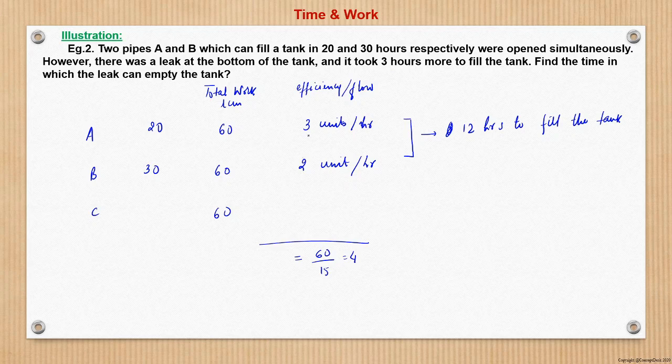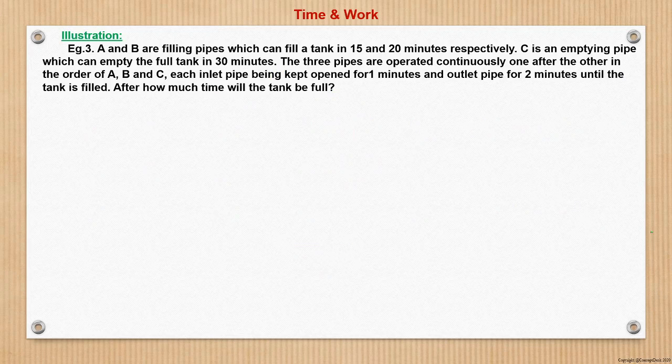So that is 3 plus 2, here it will be minus 1, right? Minus 1. So find the time in which the leak can empty the tank. So the leak can empty the tank at a rate of 1 unit per hour, 60 units of work to be done. So time required is nothing but 60 hours, right? This is the answer. Now let us move to question number 3.